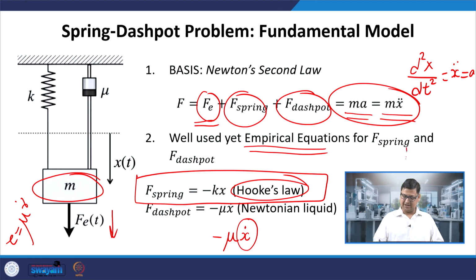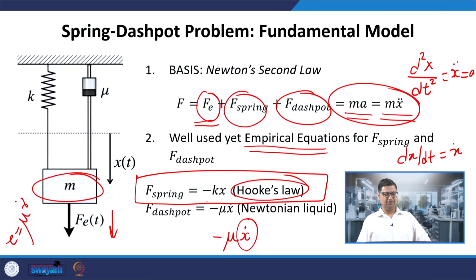So, x dot is my dx by dt, right, and both of these are negative. Both of these are going to resist the displacement. So, both are acting basically in the upward direction. We have defined x to be positive in the downward direction, the upward direction is the negative direction, right.